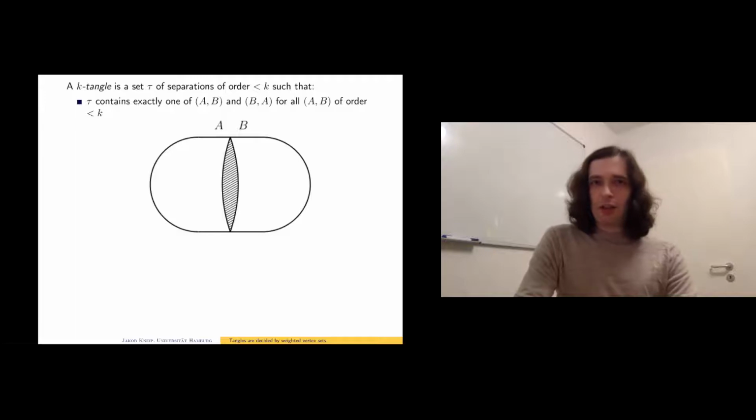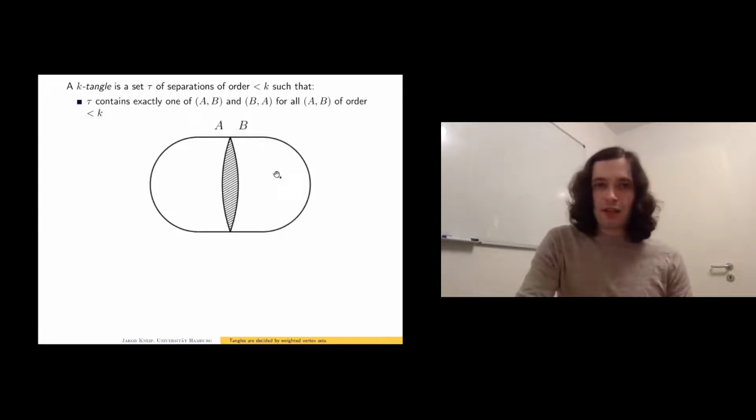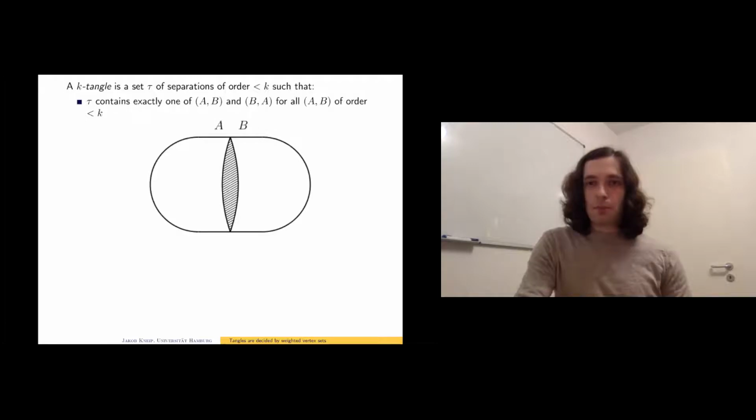Whenever our tangle contains a separation (A, B), we think of this intuitively as the tangle saying that the B side, the right-hand side of this pair, is big in the graph in some sense, and the other side is then small. So for each separation of order less than k, the tangle has to contain one of the two ways of orienting the separation, that is, declare exactly one of the two sides as big.